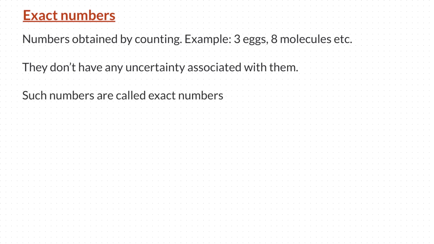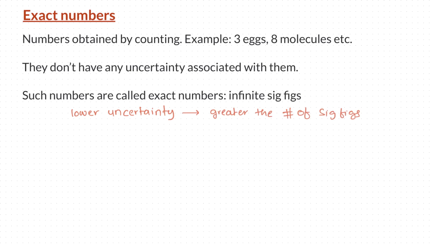Such numbers are called exact numbers, and they are assumed to have infinite number of significant figures. Remember that the lower the uncertainty of a measurement, the greater is the number of significant figures. Since the exact numbers have zero uncertainty associated with them, they are assumed to have infinite number of significant figures.